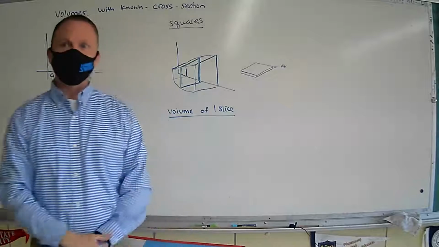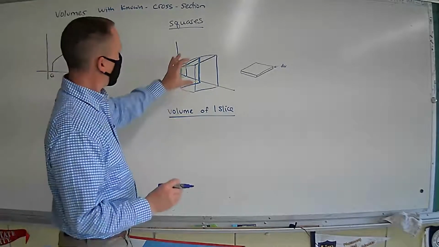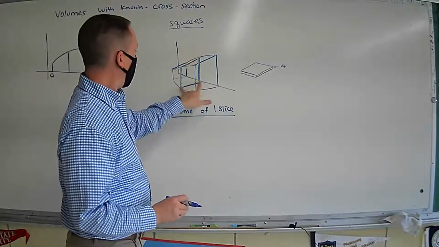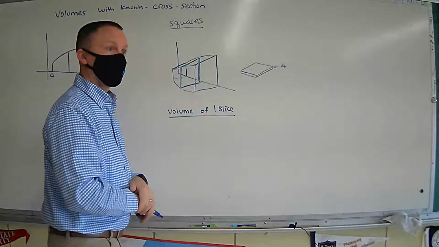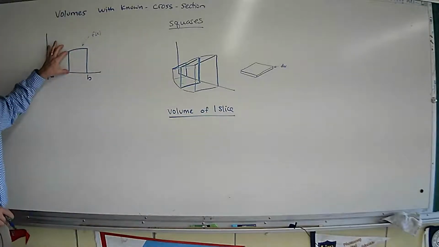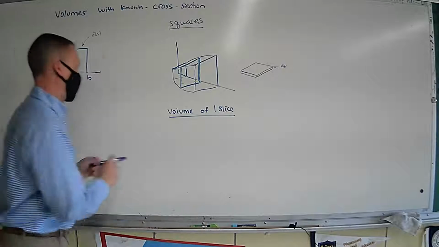What are the sides of that slice? How long is this? These two are the same, right? Since that's a square. Just this length right here, right? Which in this particular case, that's just f of x, right?